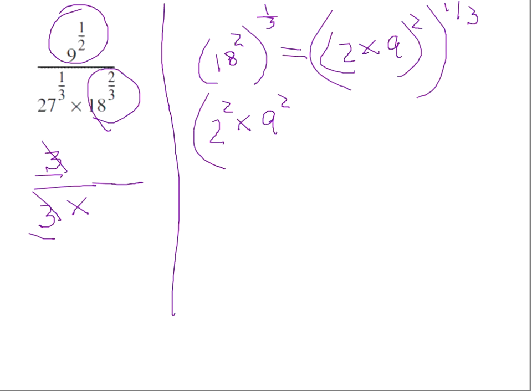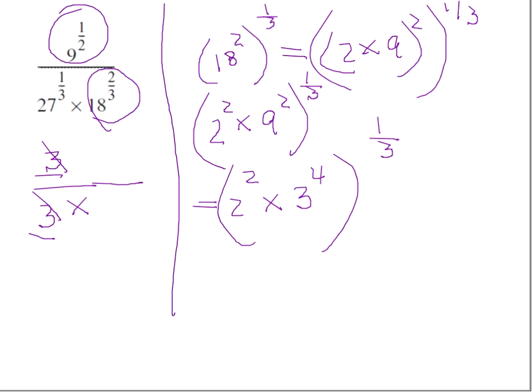So that equals 2 squared times, 9 is 3 squared, so 3 squared and then squared would be 3 to the power 4, and to the power 1/3. Okay, so that would be 2 squared, 3 cubed, times 3, and to the power 1/3.